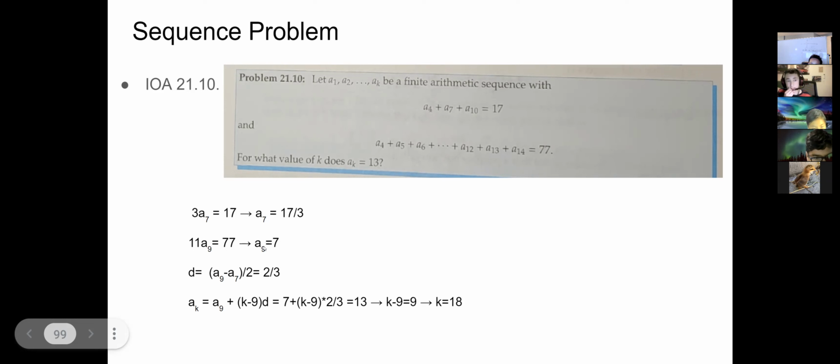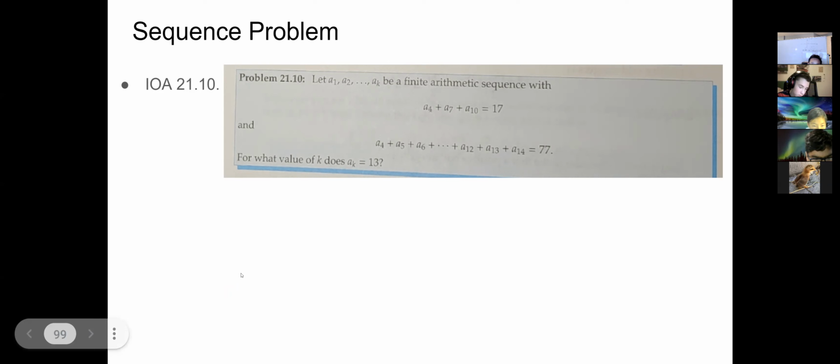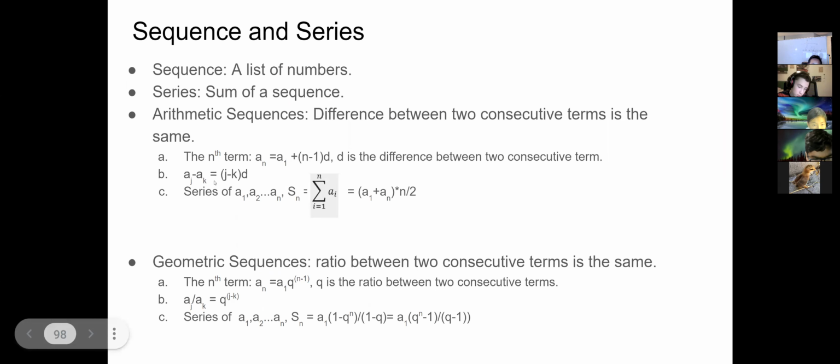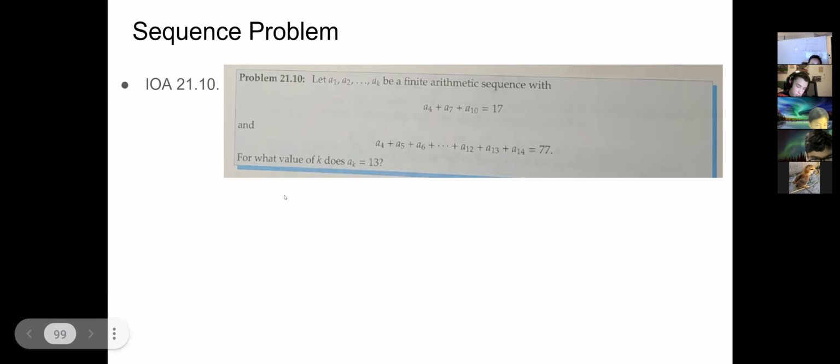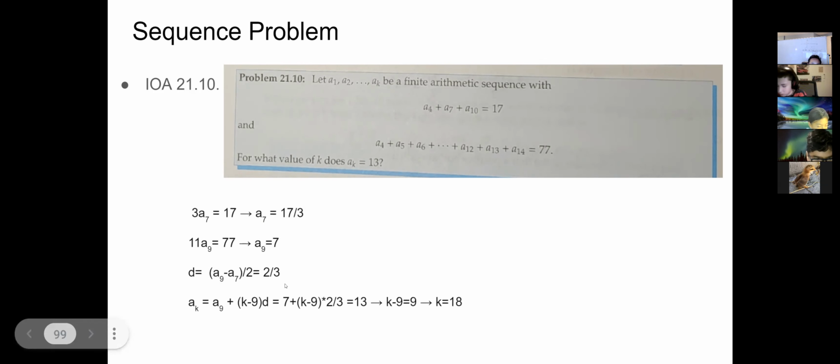We have A7 and A9, so we can find D, right? D is (A9 minus A7) divided by 2, because of this formula. So we got D is 2 over 3.